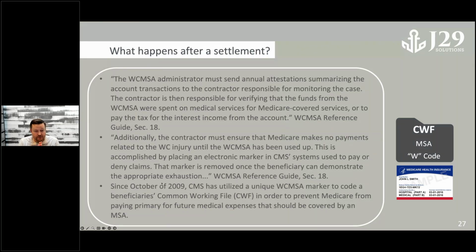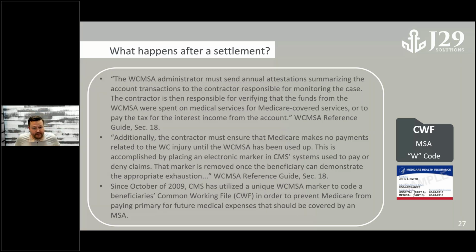So what should occur, and I just took some snippets, I'm not going to read this wall of text, is that the administrator or the applicant is required to send in on an annual basis a summarization of what they utilized the account for in the year prior. And by the way, if the account happens to temporarily exhaust or permanently deplete, they have to report that too.